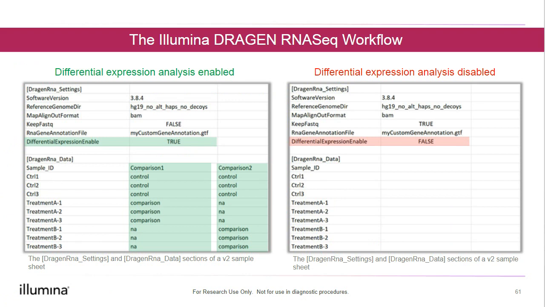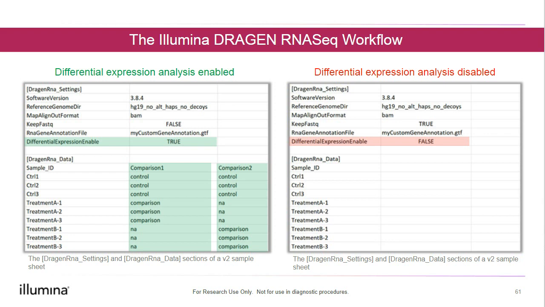This slide shows an example of a sample sheet with differential expression analysis enabled. And then this is an example also with differential expression analysis disabled. Up to 5 comparison fields can be added to the DRAGEN RNA_Data section. Use the values control, comparison, and NA to assign samples to the control group, the comparison group, or to exclude samples, respectively.